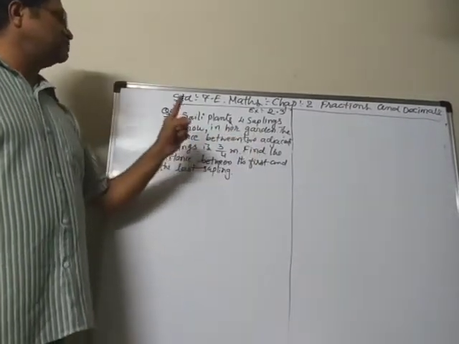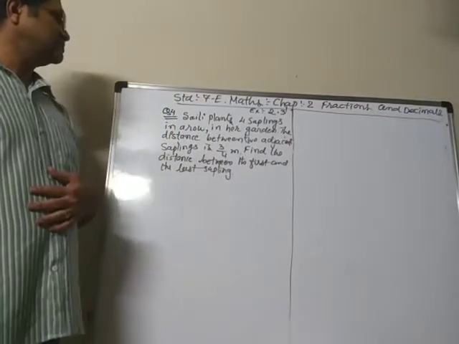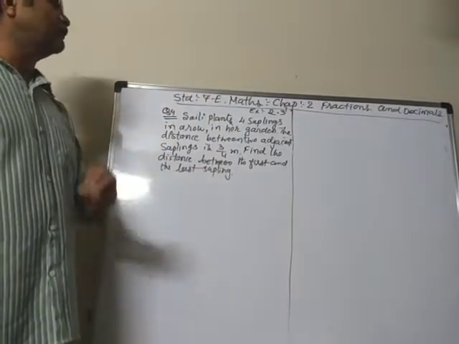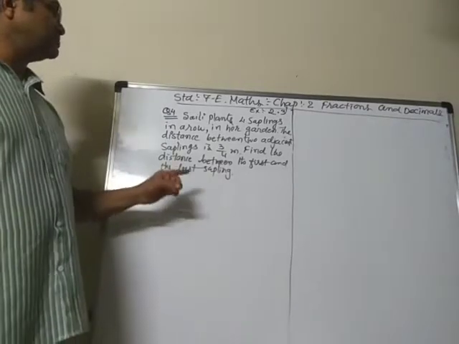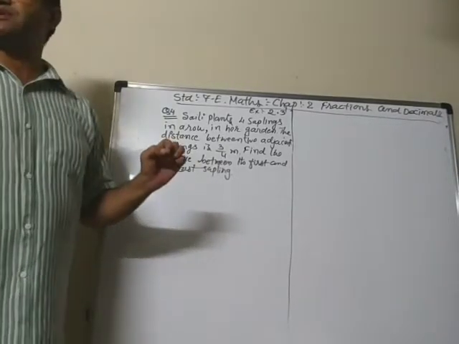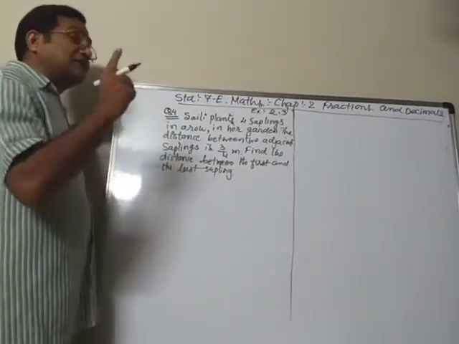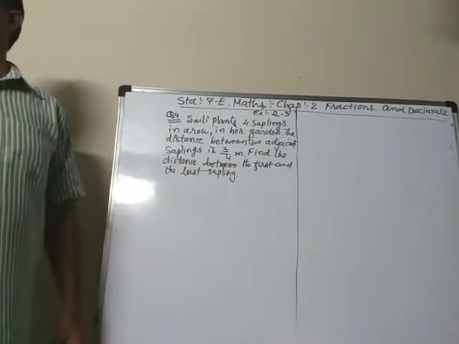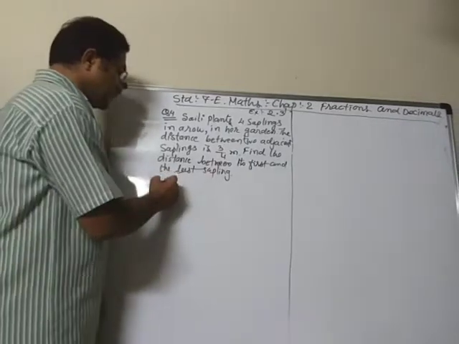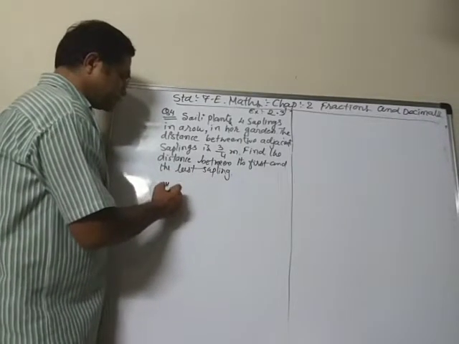The distance between 2 adjacent saplings is 3 upon 4 meter. Find the distance between the first and the last sapling. Look here, there is a chance of making a mistake here. Suppose this is the first sapling.